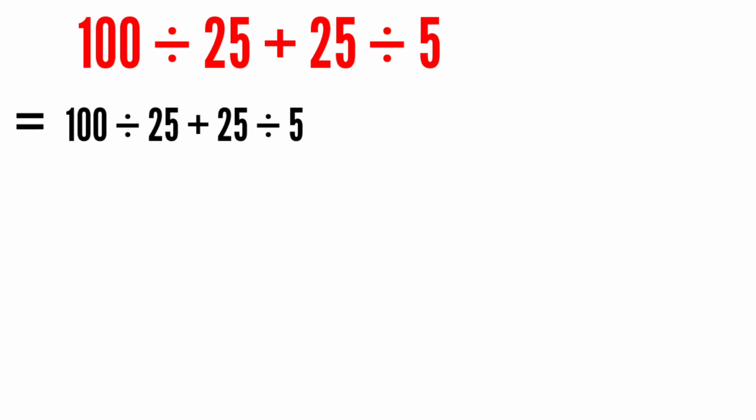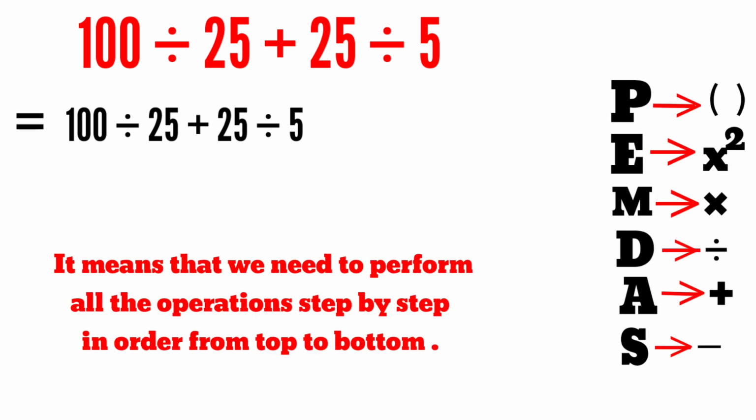Now we find the correct answer. 100 divided by 25 plus 25 divided by 5. It means that we need to perform all the operations step by step in order from top to bottom.